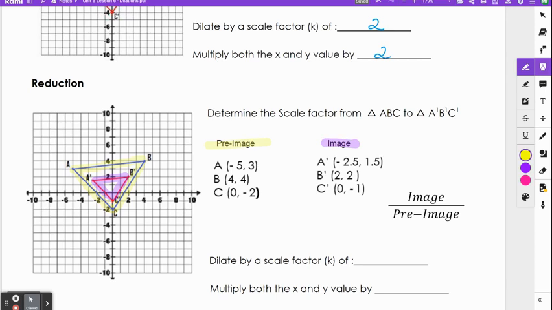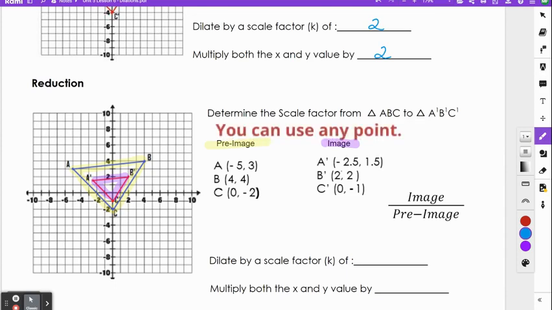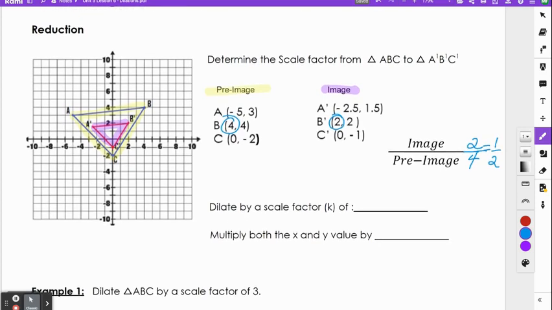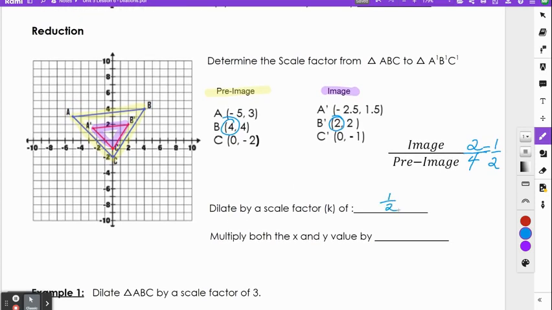So for example, we could just pick a different point. This time I'm going to take a look at point B. The image is 2, and the pre-image x coordinate is 4. That reduces to 1/2. So we are dilating by a scale factor of 1/2.